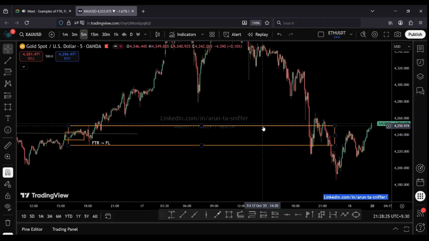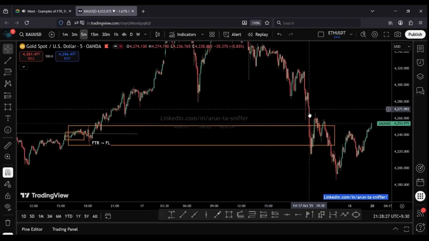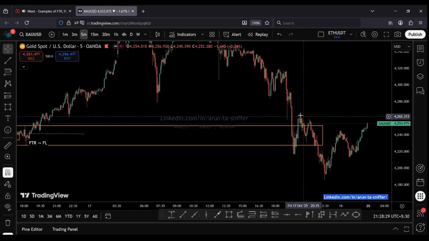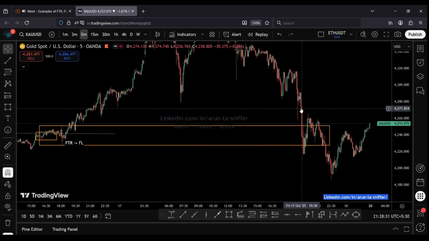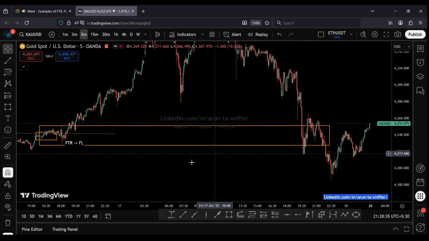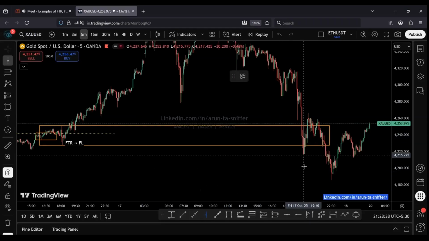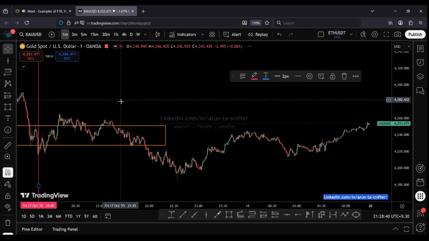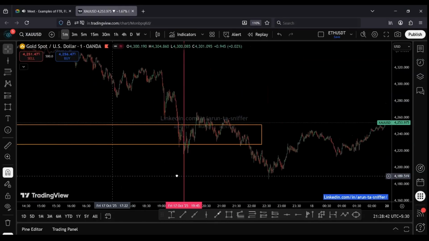This FL is being crossed by this. Which candle? This one. But here, this is a single candle. So what will we do? We will go on a lower time frame. Okay.